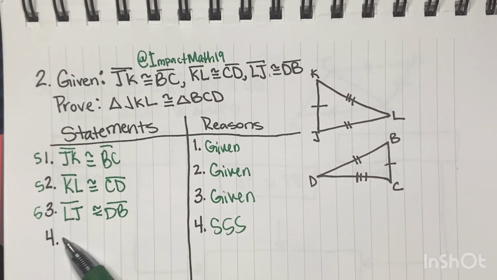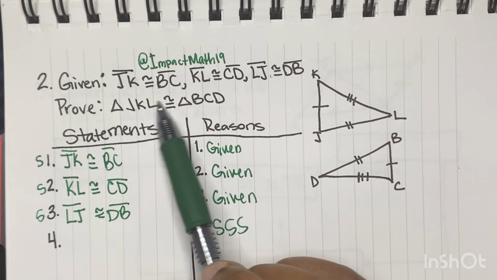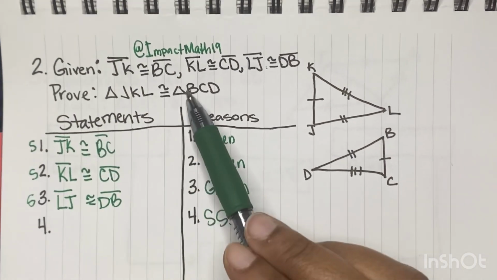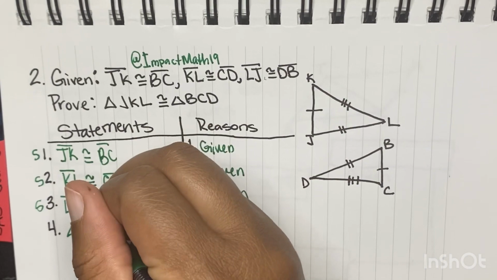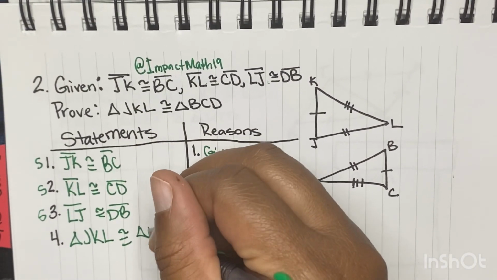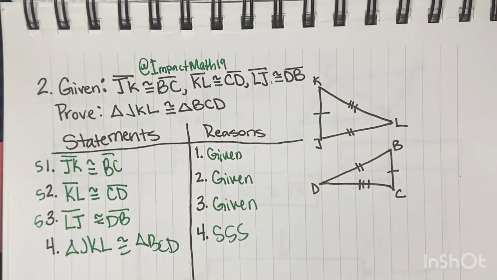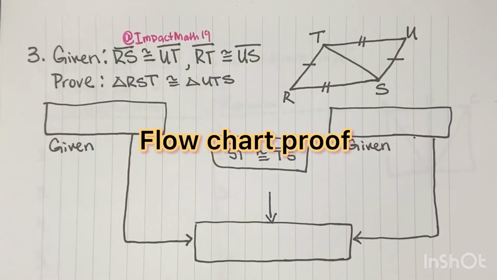My last statement always comes from the proof statement. Never write proof, but it's the statement that you write here from the proof. That's always the last one: triangle JKL is congruent to triangle BCD, right? We hope our teachers give us one of these. If they could all be like this, it'd be awesome, right? All right, let's go to the next.